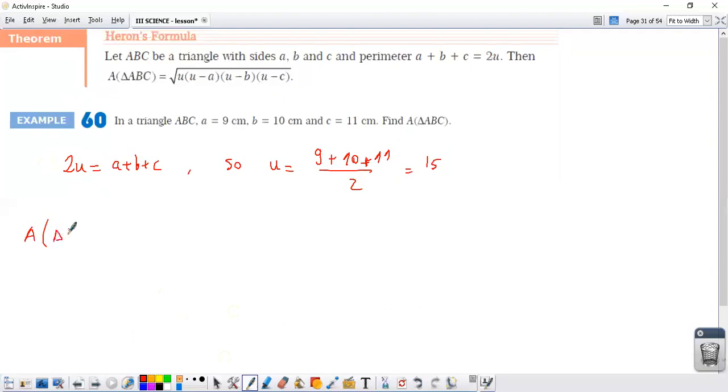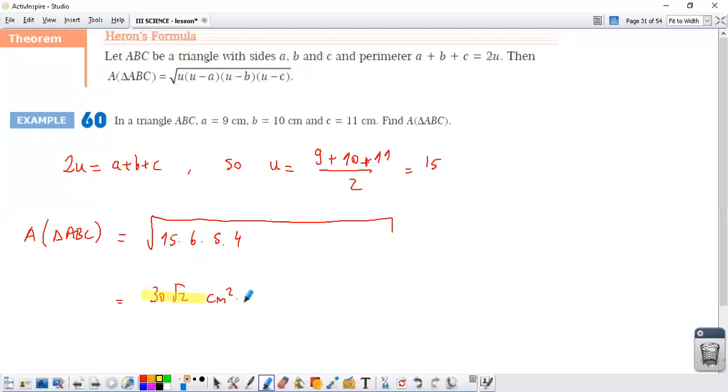And the area of triangle ABC is the root of 15 times (15 minus 9), which is 6, (15 minus 10), 5, and (15 minus 11) will give us 4. And at the end, we will have for the area of triangle ABC 30 root 2 centimeters squared.